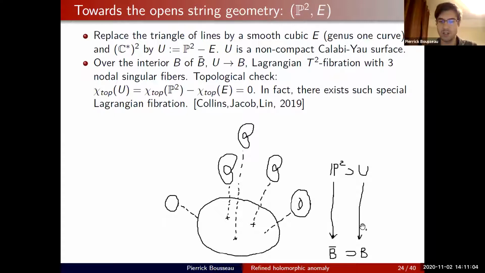U has a fibration over B. There is a map from U to B with T2 fibers, and three of them are singular, like a nodal elliptic curve. Over generic points, the fiber is a T2. And there are three special points in B over which the fiber is a degenerate T2, with one cycle shrunk to a point.